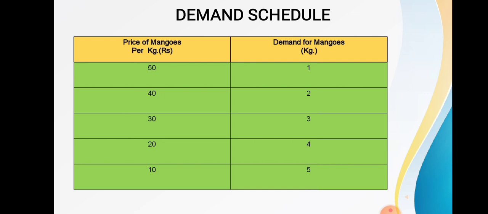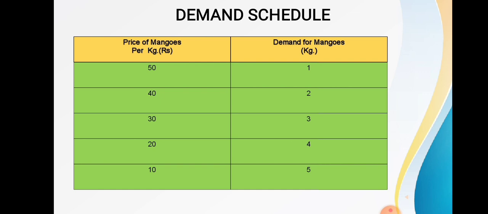In the same way, we can see when the price decreases from rupees 50 to rupees 10. Initially when the price was rupees 50, the customer was demanding 1 kg of mango, but when the price has decreased to rupees 10, now the demand has increased to 5 kg.